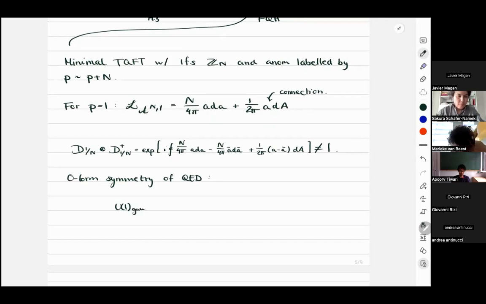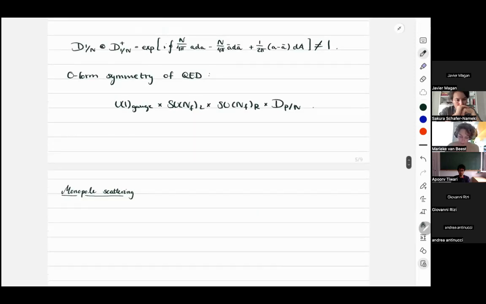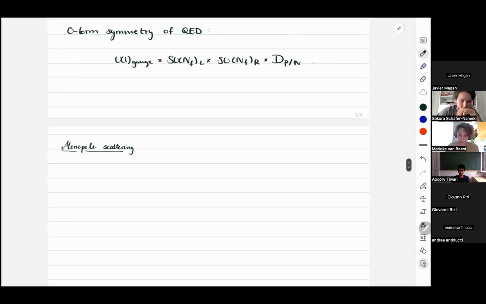I'm going to include this for completeness times SU NF left, SU NF right, and this DPN. And this is up to some discrete identifications that I'm not going to include. So there's some C2 quotients in there. Okay, so back to monopole scattering.